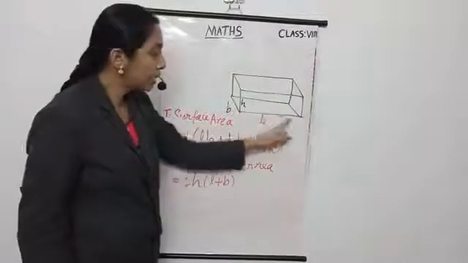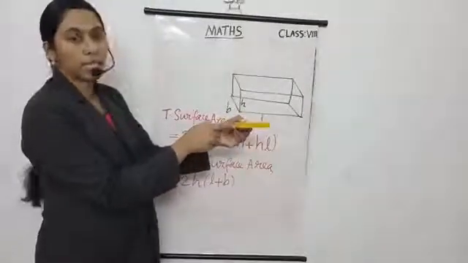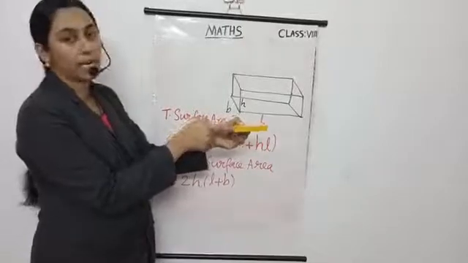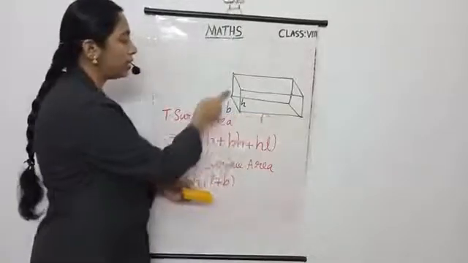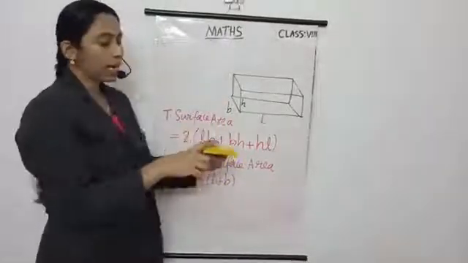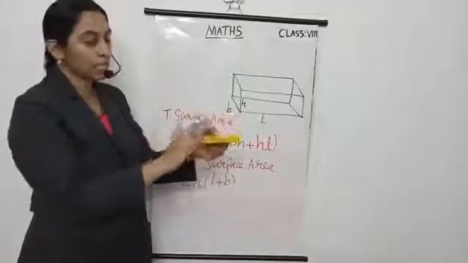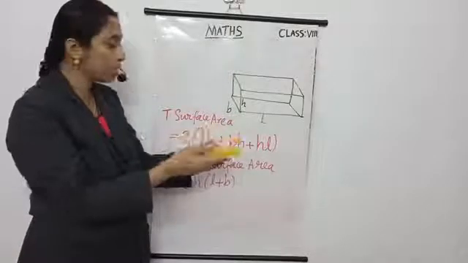Now this is length, this side is breadth, and this side is height: length, breadth, height. Now total surface area of a cuboid means the sum of the areas of these 6 faces.